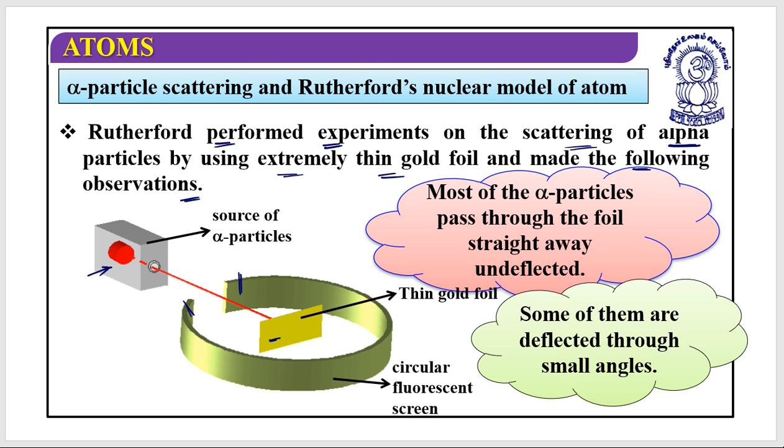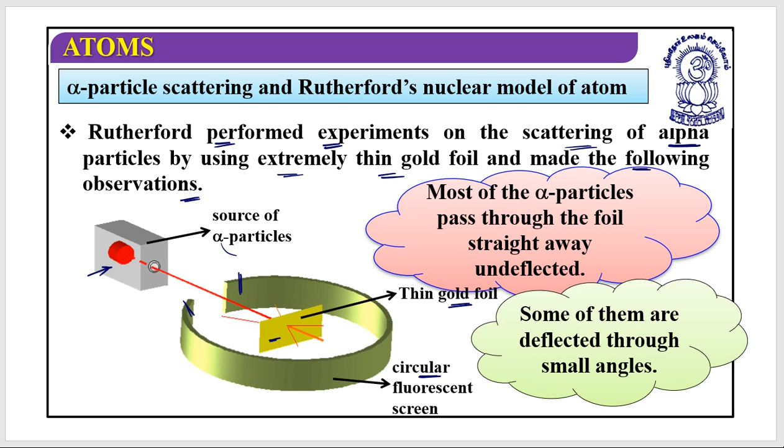When an alpha particle leaves the source, it passes through the thin gold foil, a certain scattering happens, and that is received on the circular fluorescent screen. That observation is noted, and then he came to the conclusion.